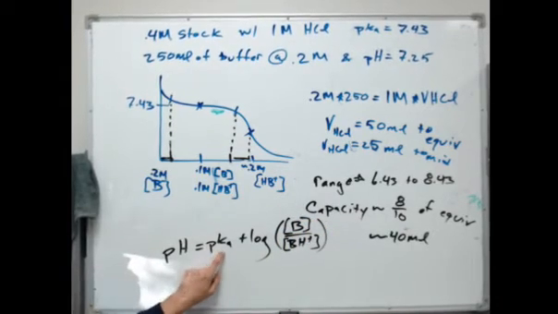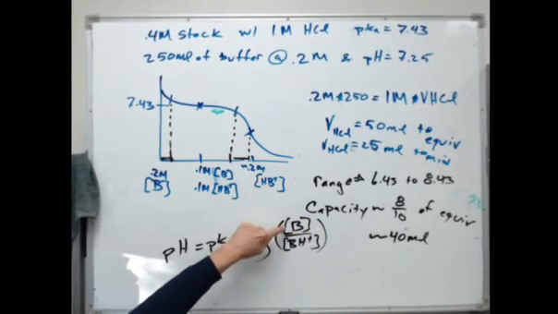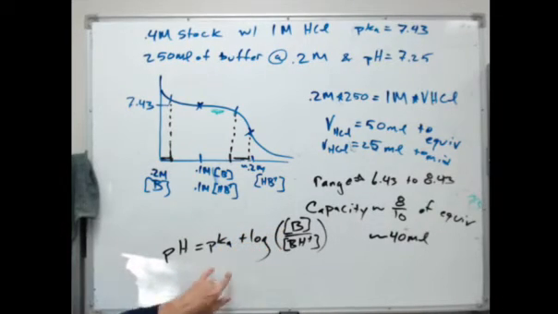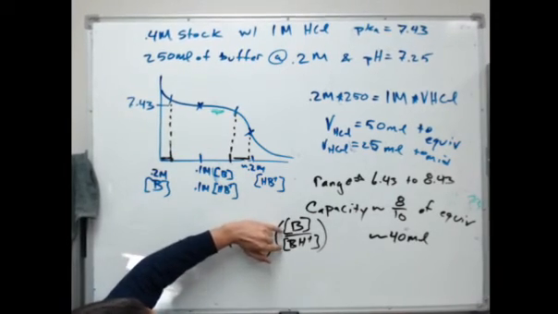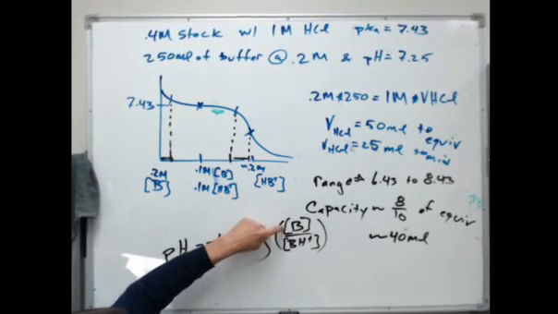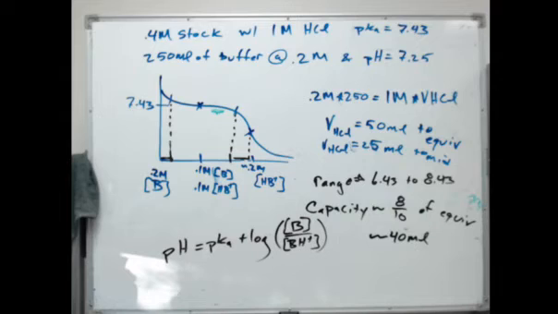And notice, because I'm using pKa here, it is still conjugate base over weak acid. If we're using the pKb equation, which I encourage you not to use, you have to flip some things. But since we're in the buffer range, we can use pKa and do conjugate base over weak acid still. We can calculate this ratio.